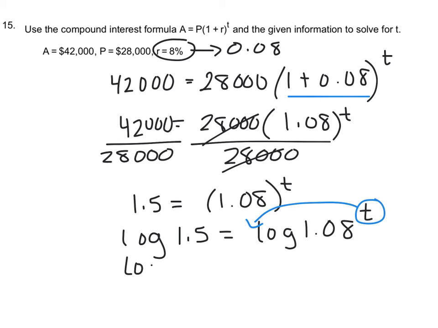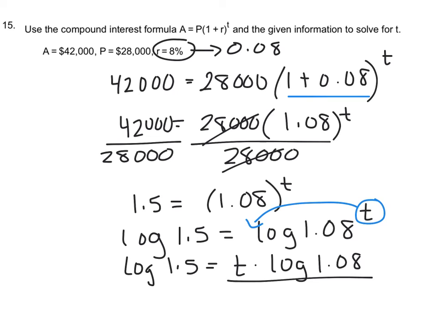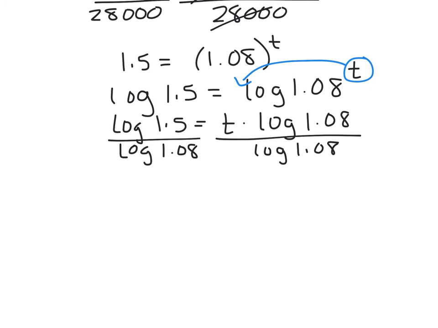So we have log of 1.5 equals t times the log of 1.08. Next, I want to get the t by itself, so I'll divide both sides by the log of 1.08. When we do that, the logs cancel on the right side, and I'm just left with t.